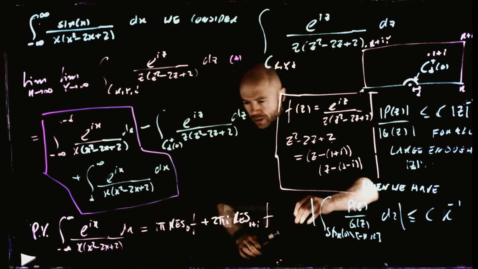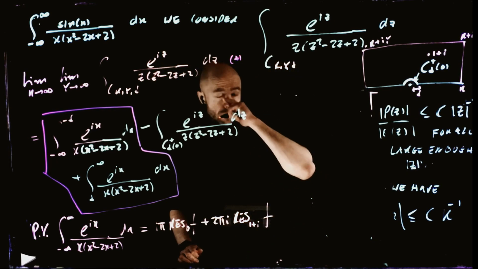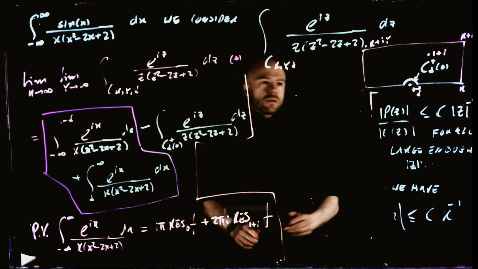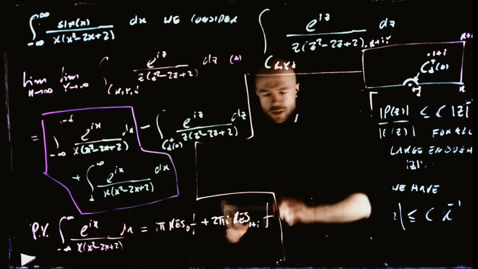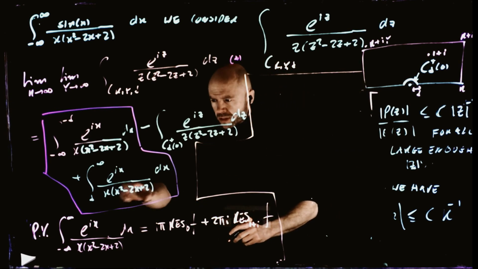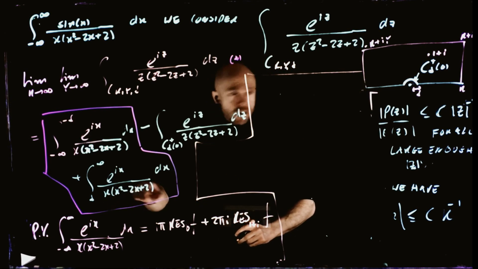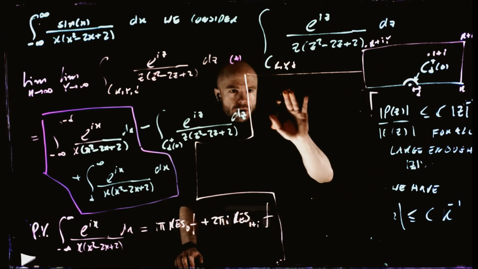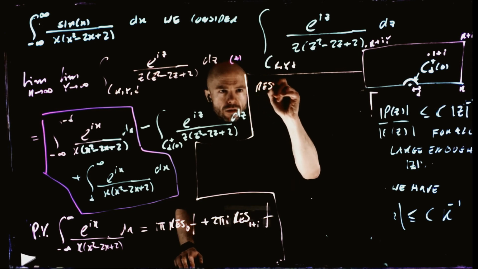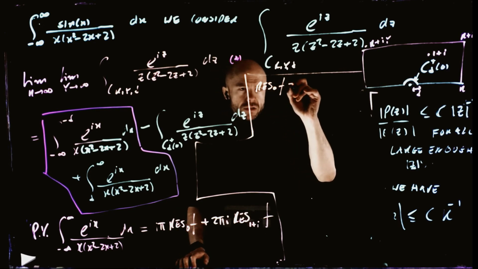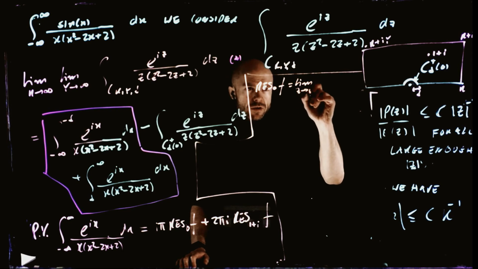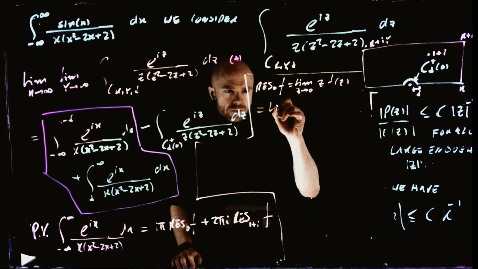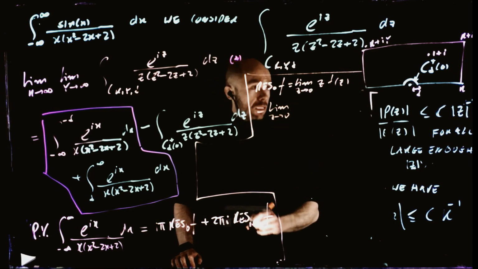All right, cool. So, running out of space, let's calculate these residues. So what kind of pole do we have? We have a simple pole at 0, and we have a simple pole at 1 plus i. Yeah? So let's see what happens. So the residue at 0 of f is the limit as z goes to 0 of z times f of z, which is the limit as z goes to 0.